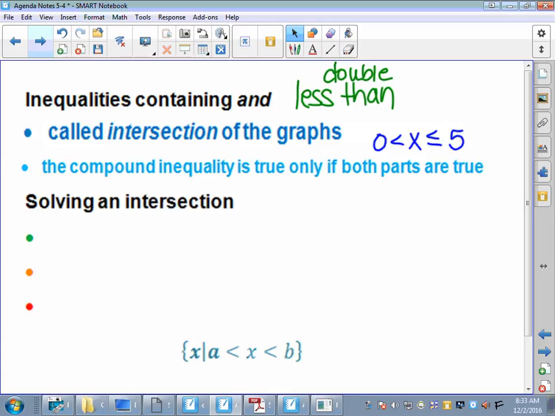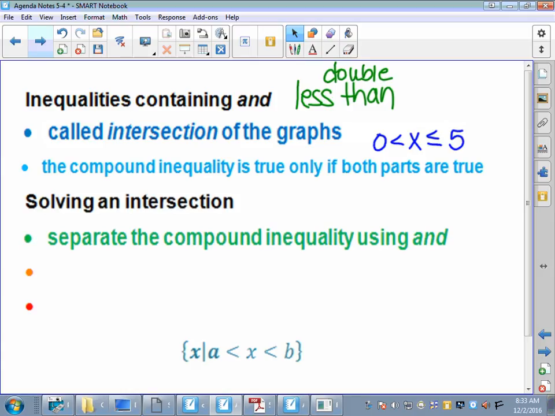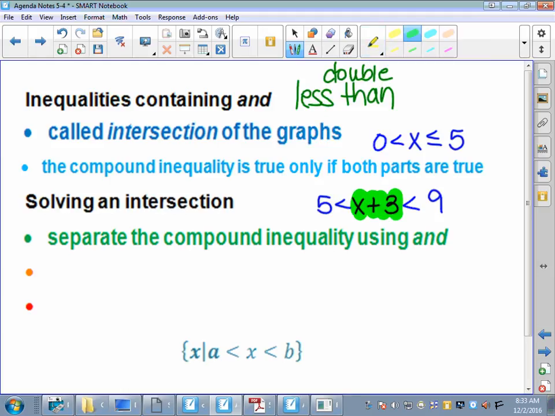When we solve an intersection, you're going to separate the compound inequality. So I might have something like this: 5 is less than x plus 3, which is less than 9. So notice that in between the two inequalities, I have got an x plus 3.